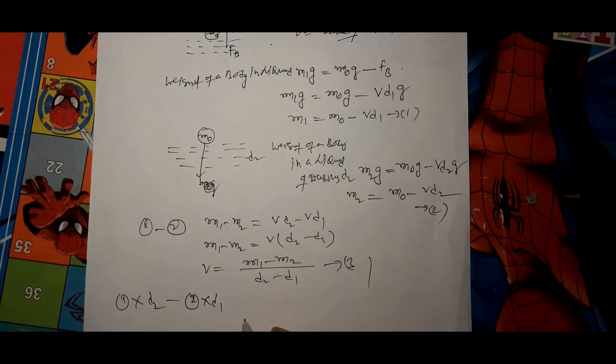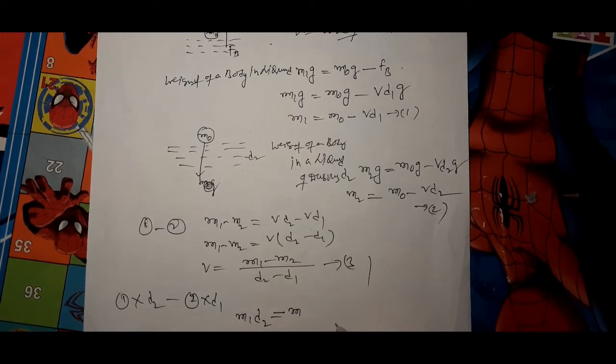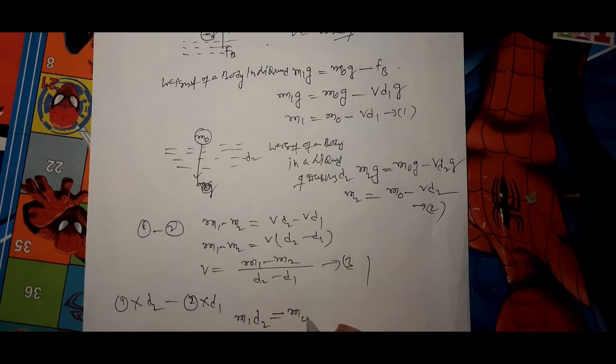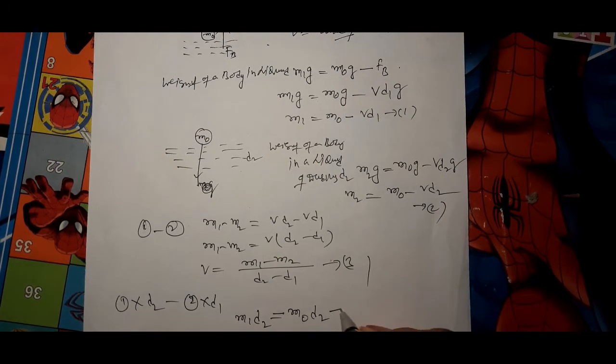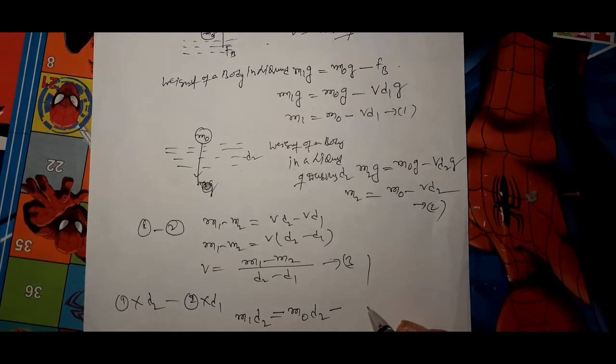Then m1 d2 is equal to m0 d2 minus V d1 d2.